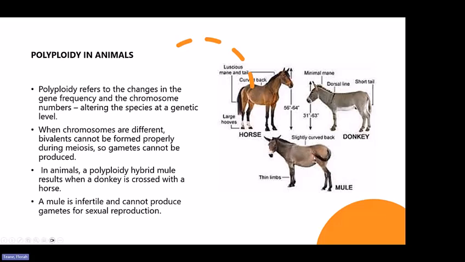It's a disorder, and this mule that you see here is infertile, meaning these mules cannot produce offspring because they are infertile.